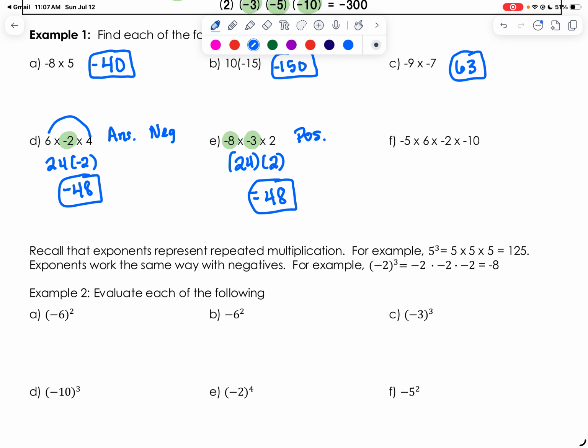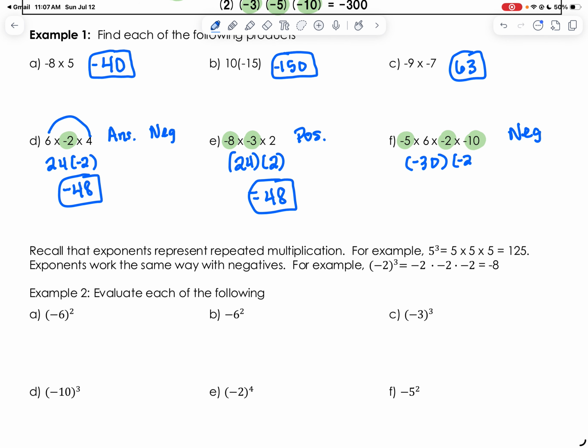All right, in problem F, let's count up how many negatives we have. We have a negative 1, 2, 3 negatives. 3 is an odd number, so I know my answer will be negative. Now, I can multiply these in any order that I want to. So I'll just start with the -5 times 6, and that would give me -30.